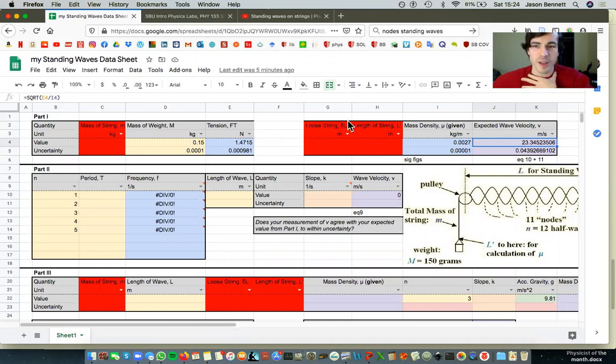In theory, you can measure the length of the string in part 1 if you'd like, as it was stated in the lab manual. You can do it right now; you don't have to do it in lab. So what we're doing is experimental, and of course this has a lot of uncertainty.